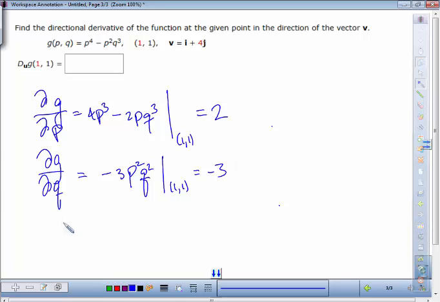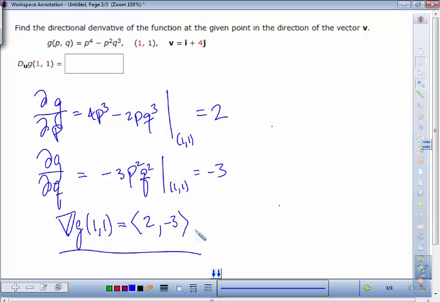So this put together is going to be your gradient evaluated at the point.